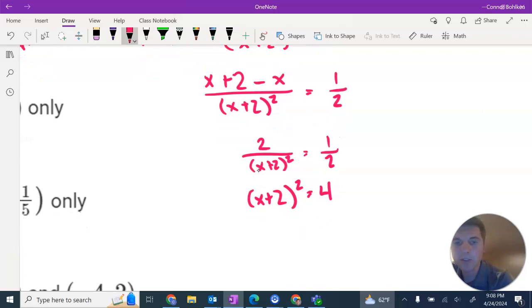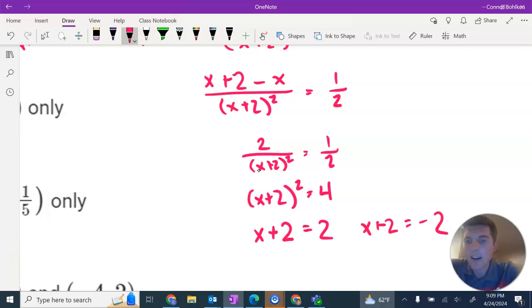I'm going to take the square root of both sides, but this is where we have to include positive 2 or negative 2.